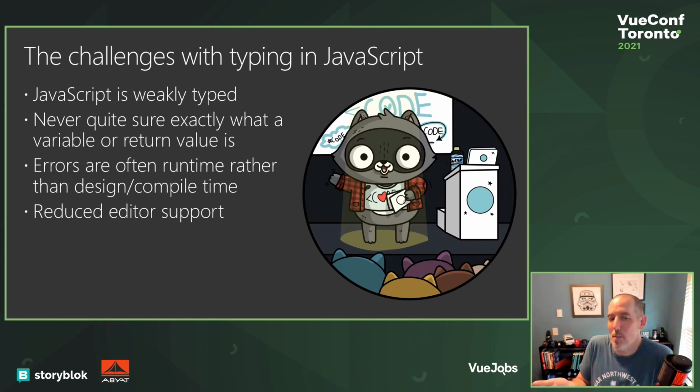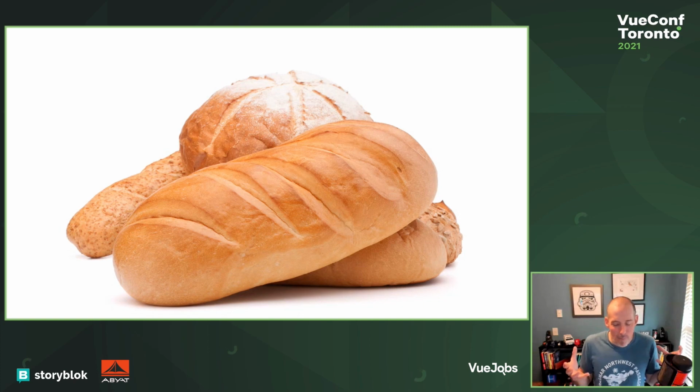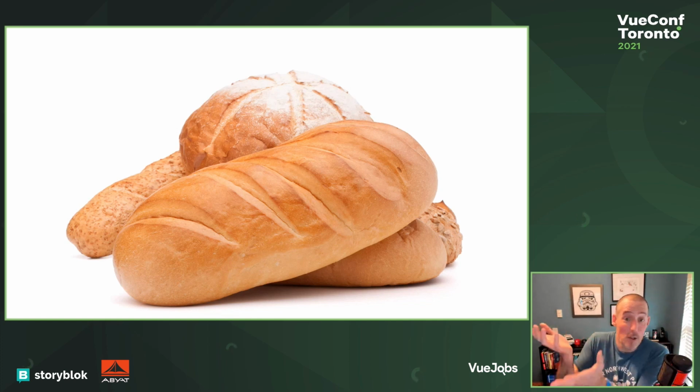And when we're using JavaScript, because our variables are weakly typed, we're also going to get reduced editor support. In the end, that really just leads to a fair amount of struggle. It leads to bugs that really could be fixed earlier rather than coming up later, or potentially even when your application has been pushed out to production.